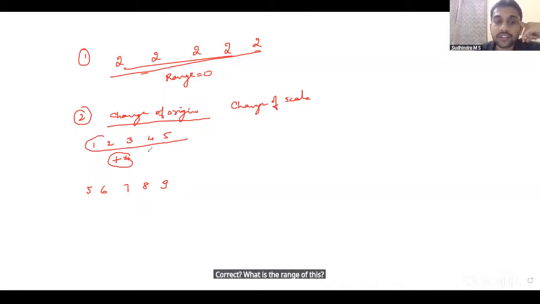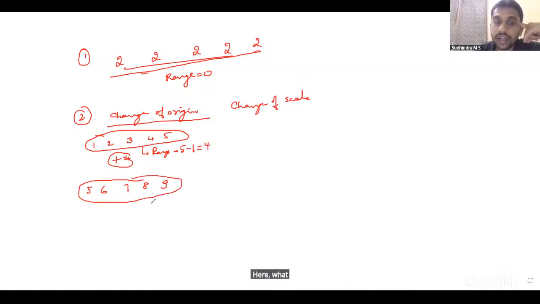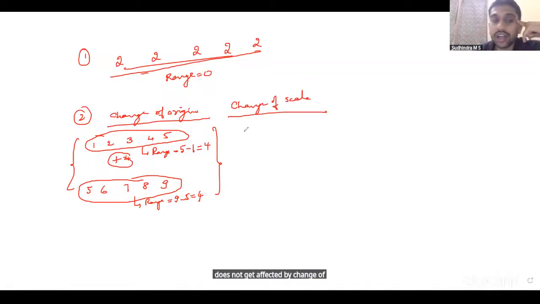What is the range of this? The range is 4, and for the next one also the range is 4. 9 minus 5 is 4. That means range does not get affected by change of origin.